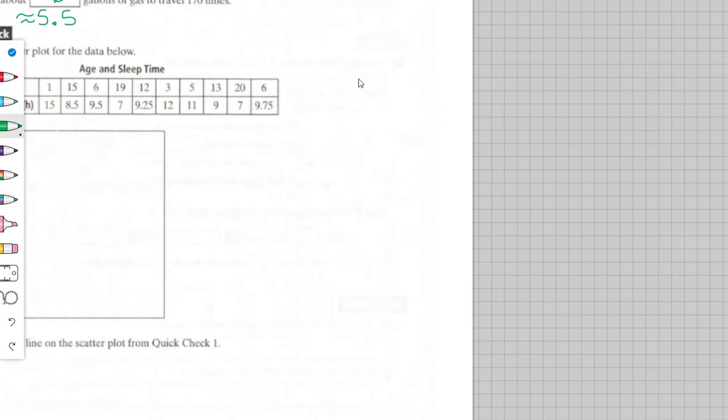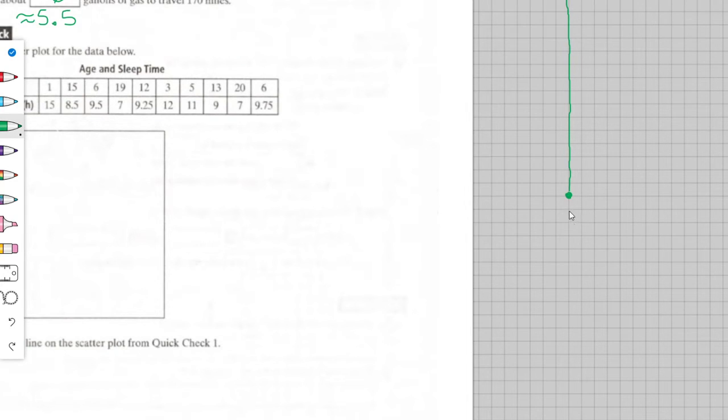Okay, so we have age and sleep time. So we have our X and our Y. So X is going to be the top. What's our highest Y? Highest Y is 15. So starting at 0, 1, 2, 3, up to 20.